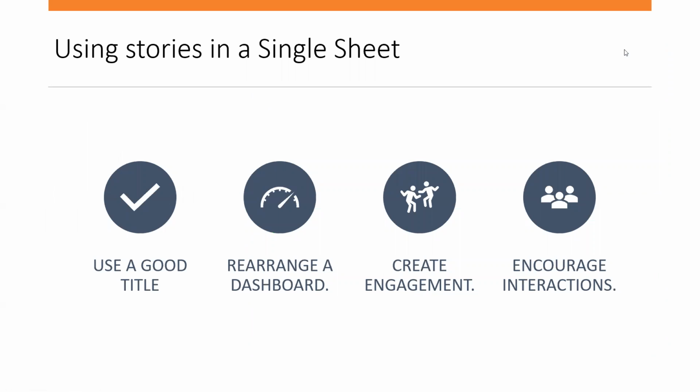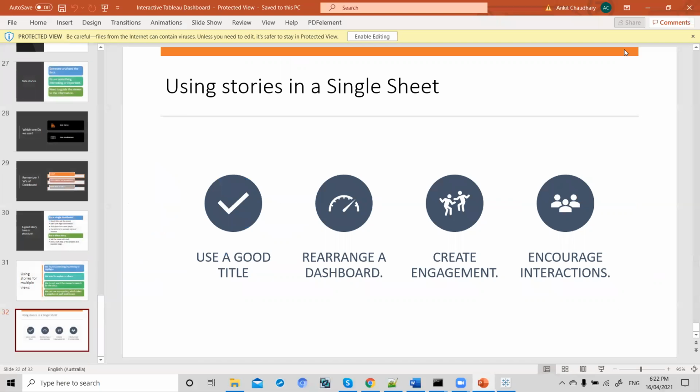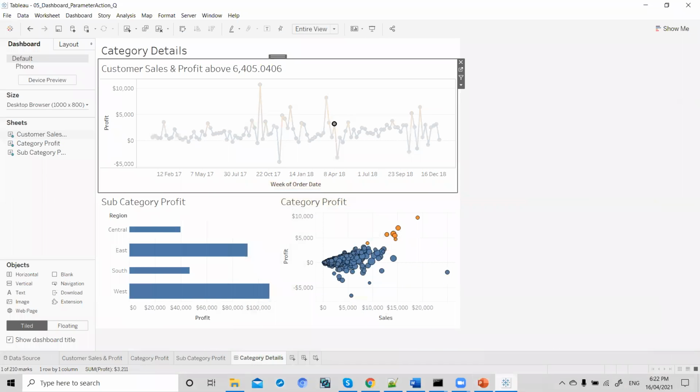Using a story in a single sheet, again we need a good title. We need to rearrange our dashboard and make it engaging by adding several actions. Okay, so let's create one storytelling dashboard.